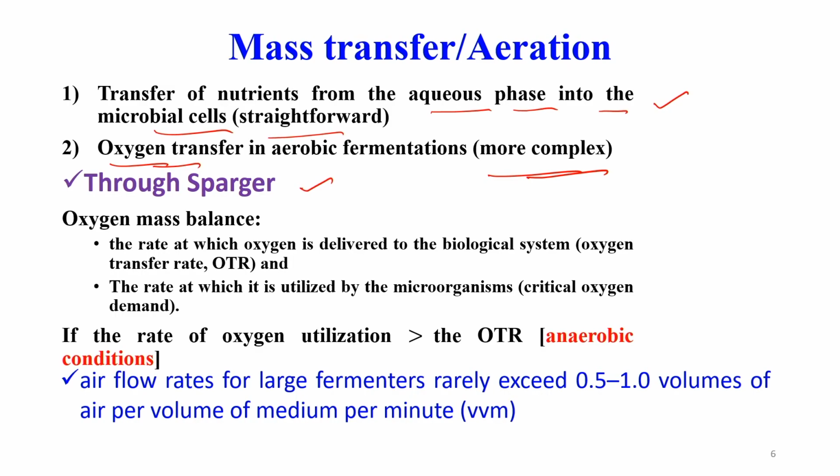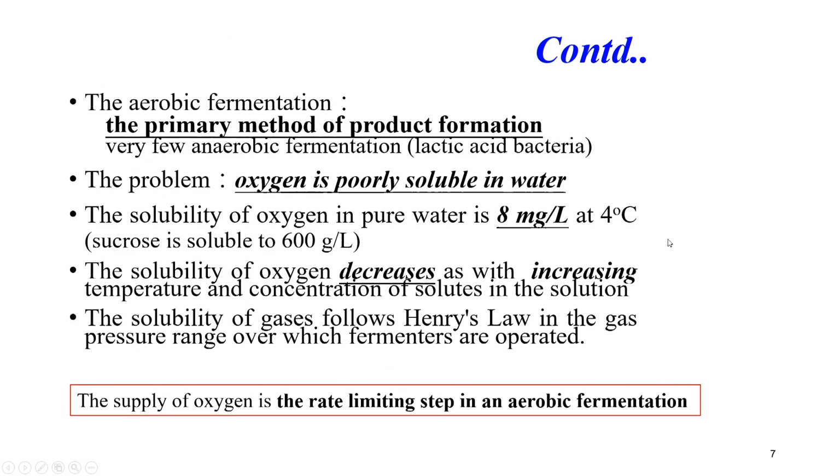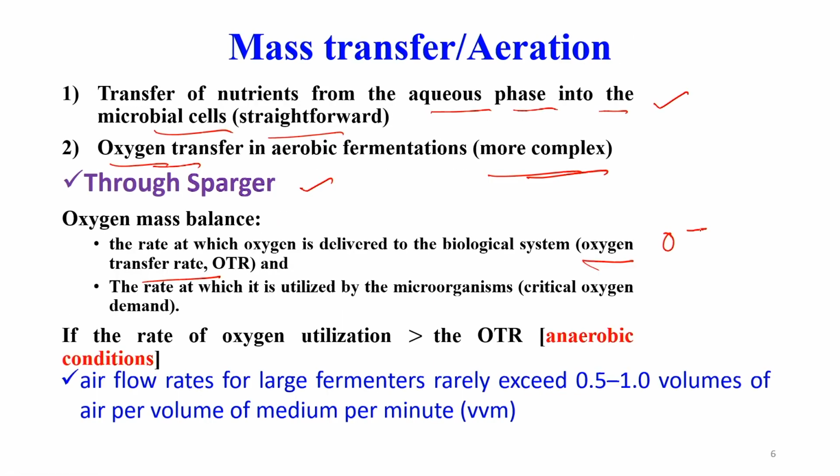Now, when we are saying oxygen mass transfer, there should be two terms. One is oxygen transfer rate, called OTR, the rate at which oxygen is delivered into the biological system, and second is oxygen uptake rate, OUR, the rate at which oxygen is utilized by the biological system or microorganisms.